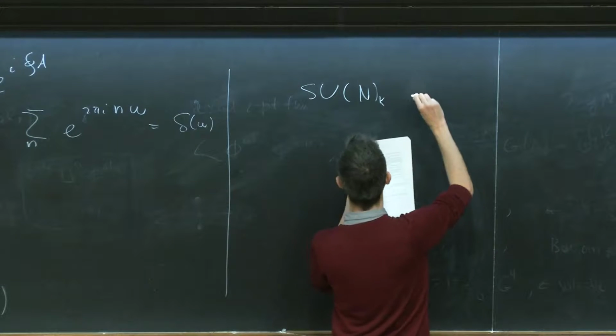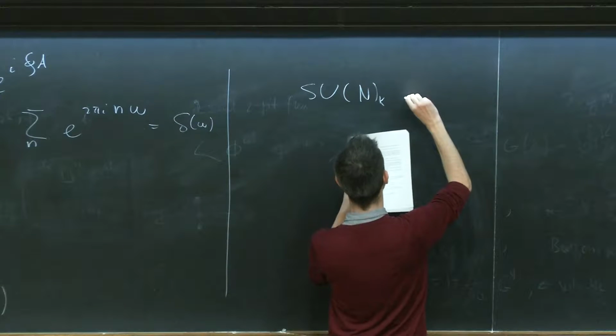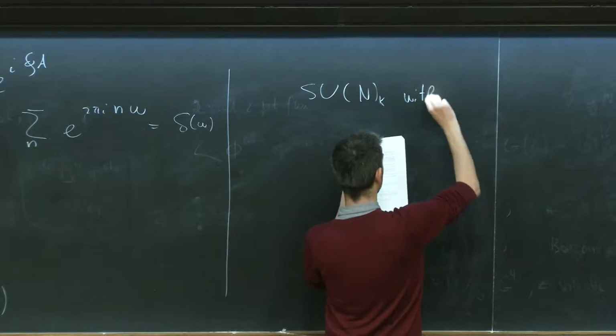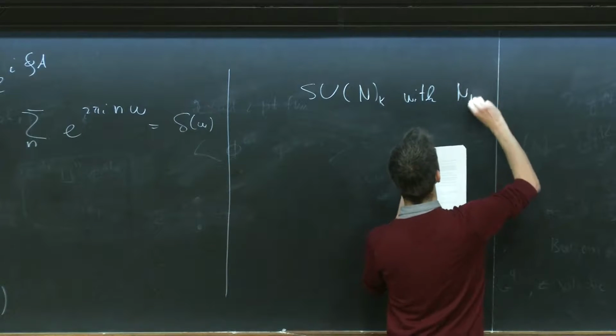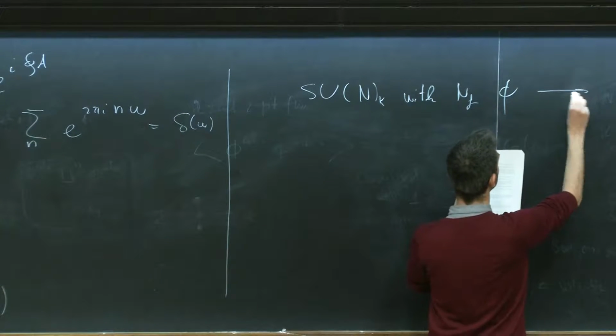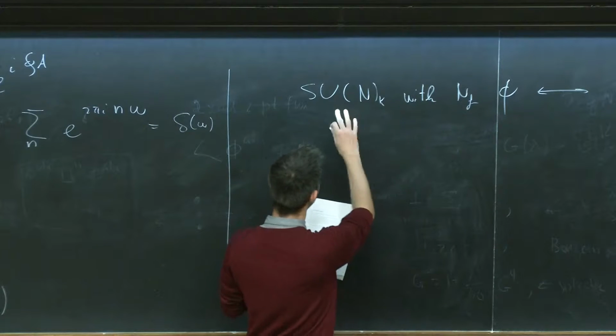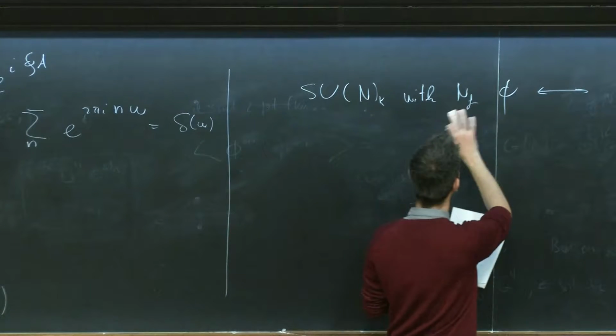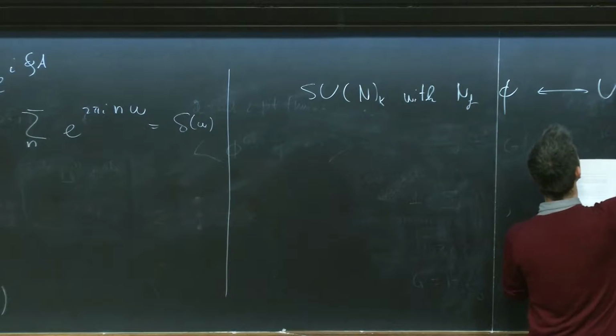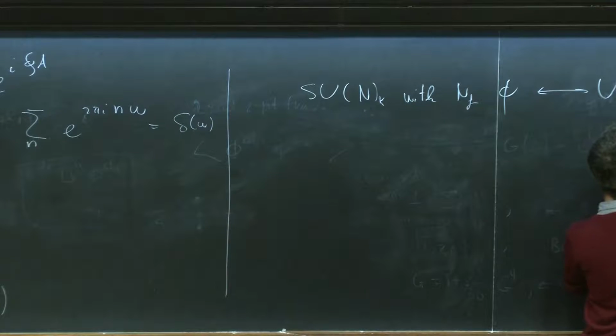I was a little bit quick yesterday because it was towards the end of the lecture. One of them was SU(N) with scalars, equal to U(K) at level minus N/2 with fermions.